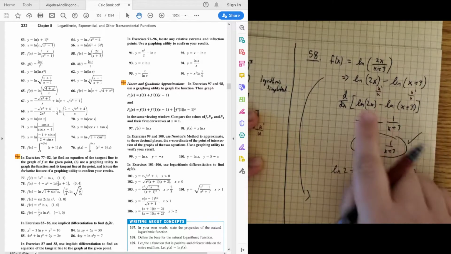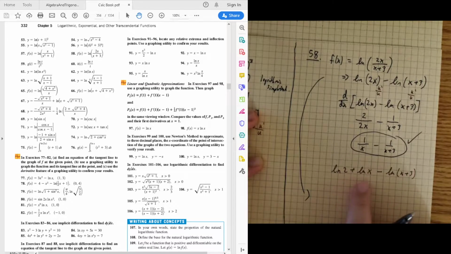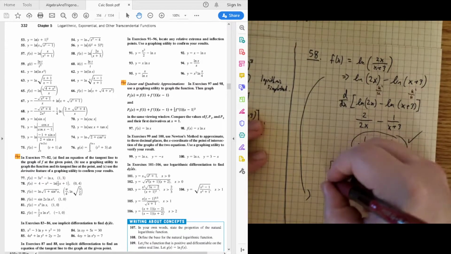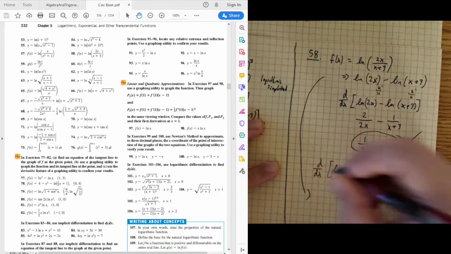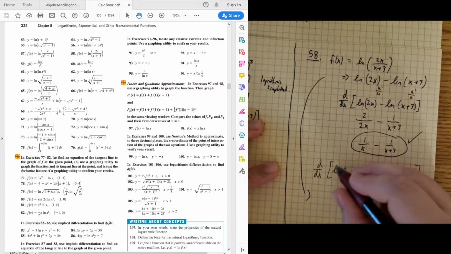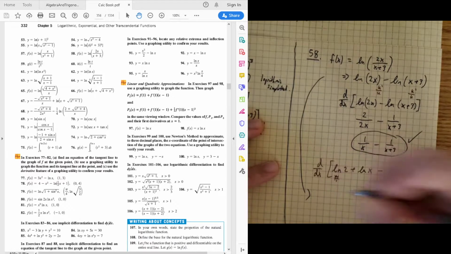The reason being, 2 times x, the multiplication becomes addition, so 2x added. And the subtraction is still being subtracted, everything looks good. If I then take the derivative with respect to x, some unique things happen to make sure I get this exact same solution. First thing, the natural log of 2 is a number. This is a number.